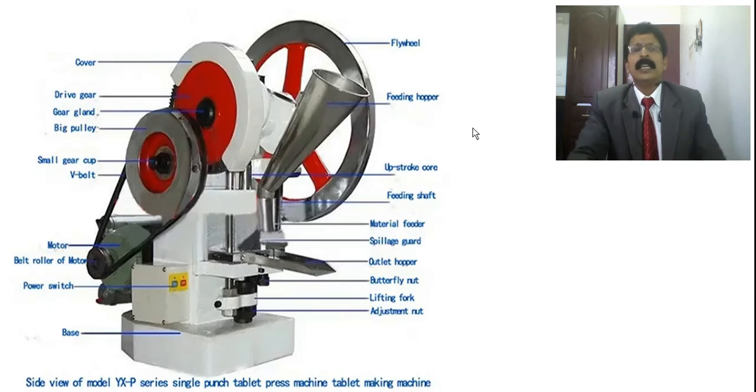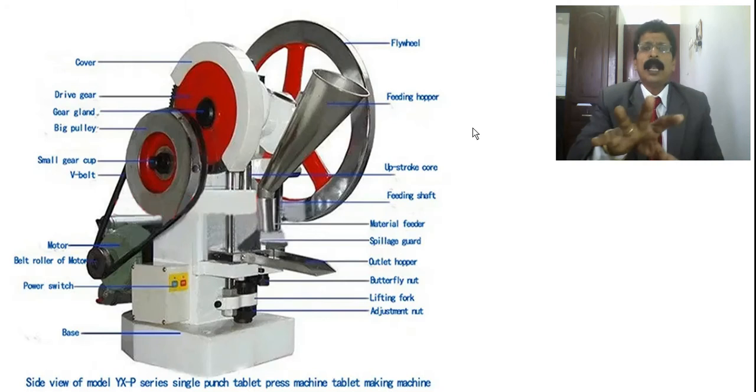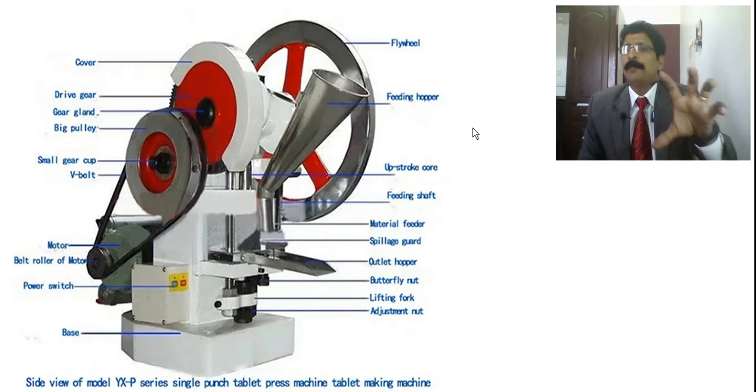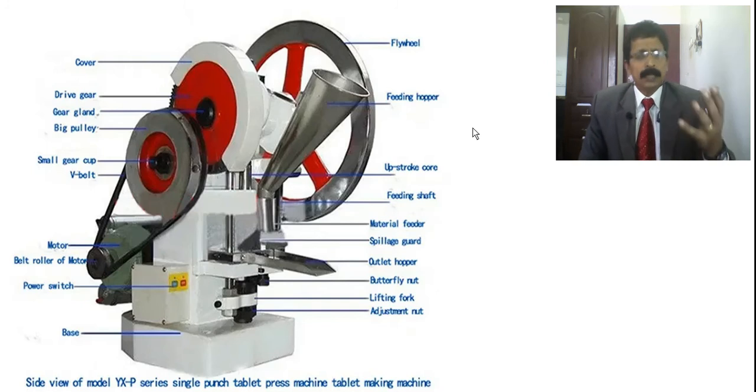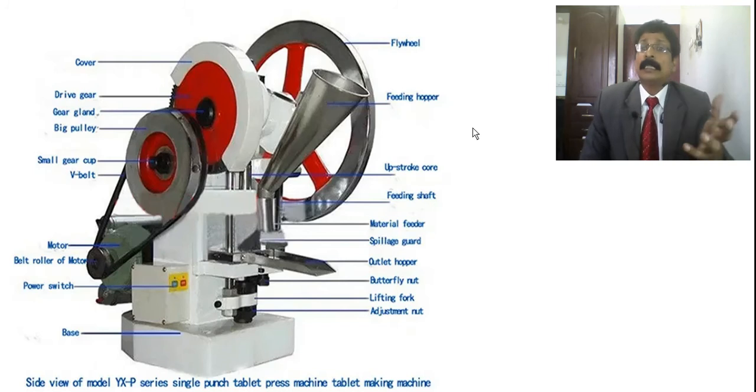This is a picture of the single punch instrument, which is even present in our institution. When you come to the institution, you can ask your teacher to show the instrument, and you can go and observe, and even ask questions.